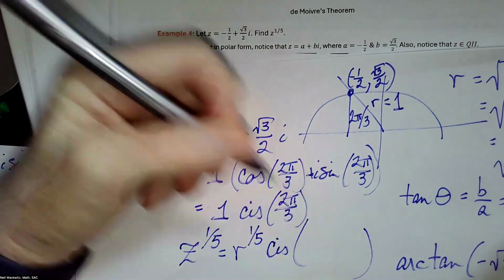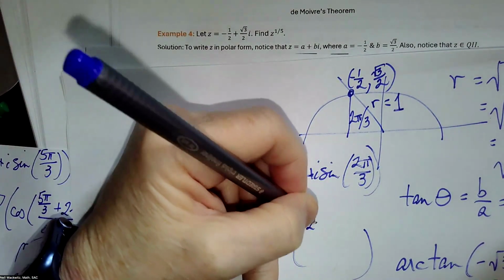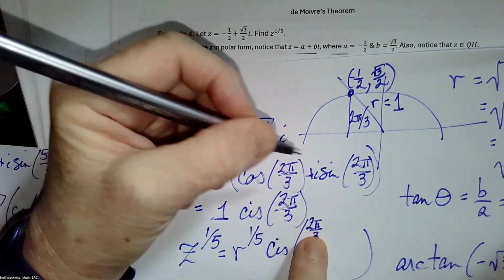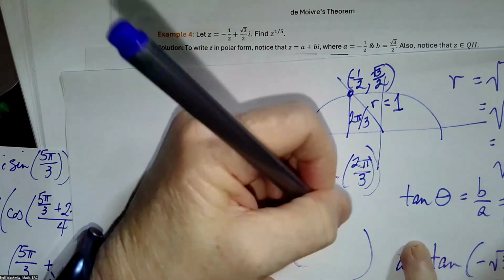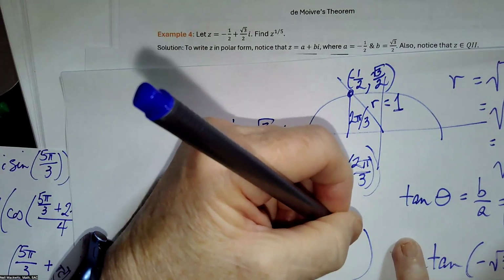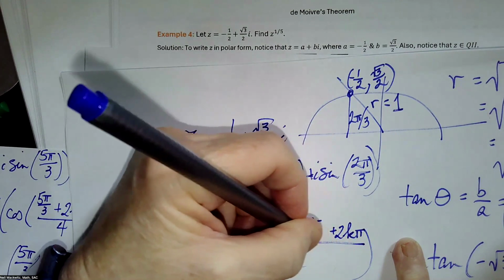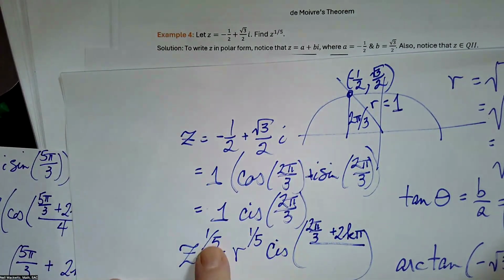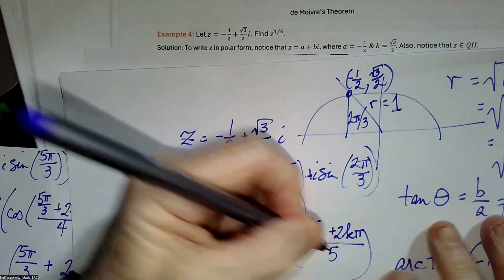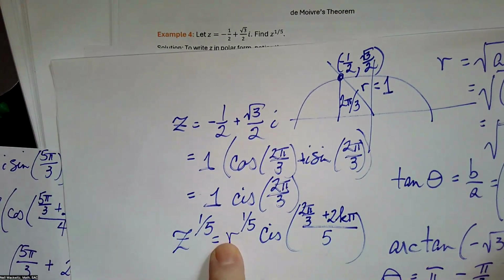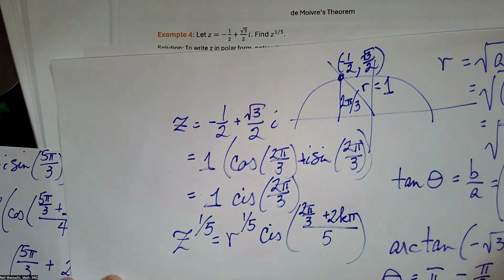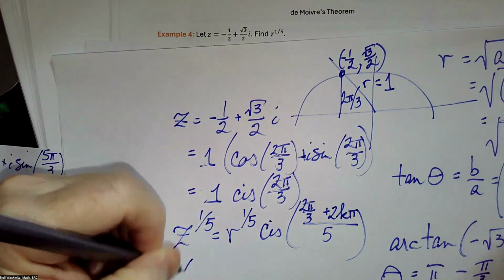And we're going to have cis, it'll be 2 pi over 3, because that's our angle, plus 2k pi all over n, and n is 5. We want to do 2 things. We want to take the 5th root of 1, which is just 1.